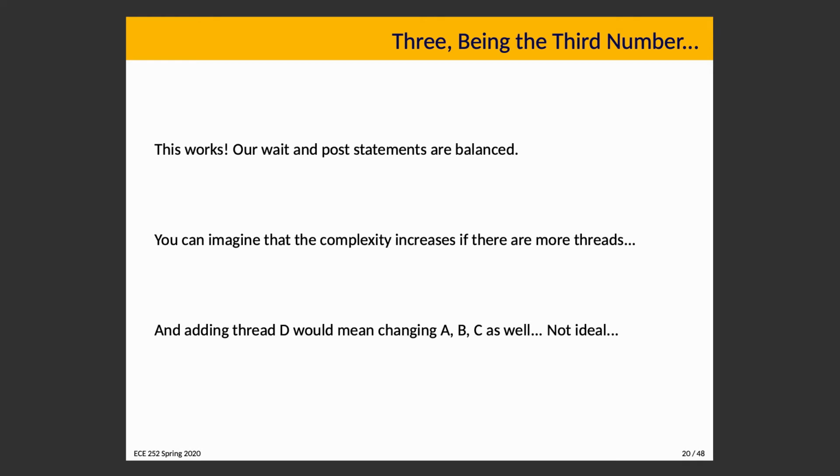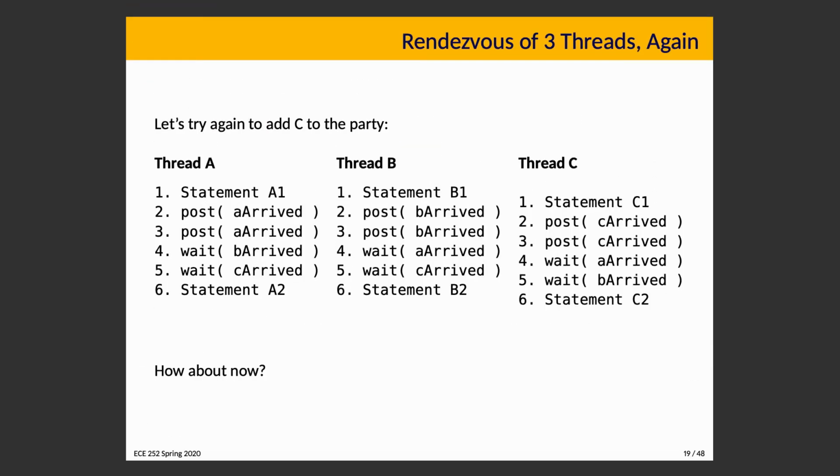If you have a thread D that you wanted to add to this, then not only do you have to write the code for thread D, but you have to go back and change A, B, and C. You change A, so there's 3 post statements and another wait statement here, and change B, so there's a 3rd post statement here and another wait statement, and same for C. This becomes, well, not exponentially, but linearly bad with the more threads you have, and if you wanted to have 12 threads or something, you will be saying, like, why do I have to write so many wait and post statements?